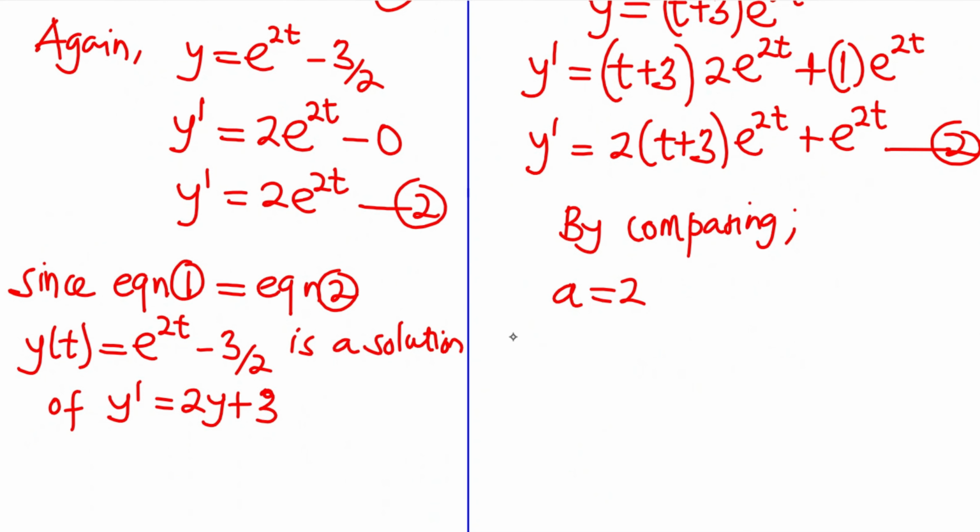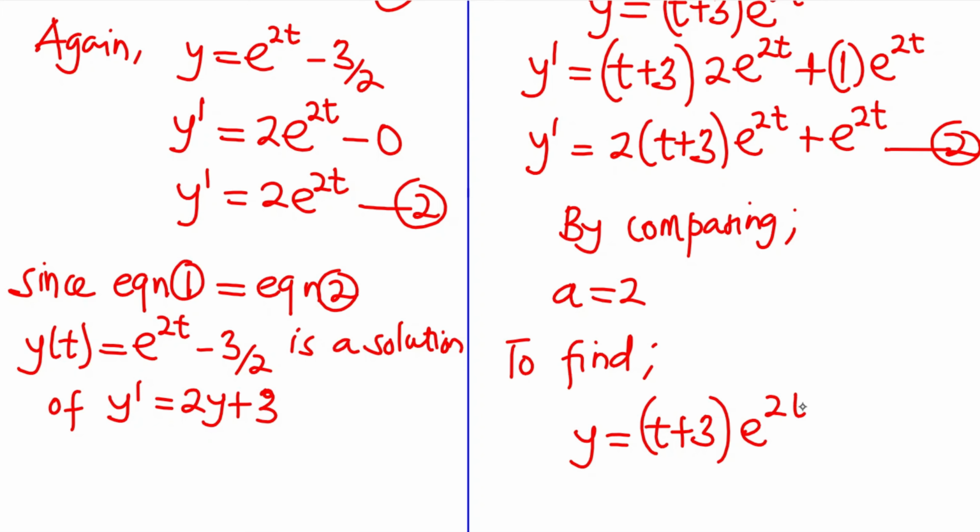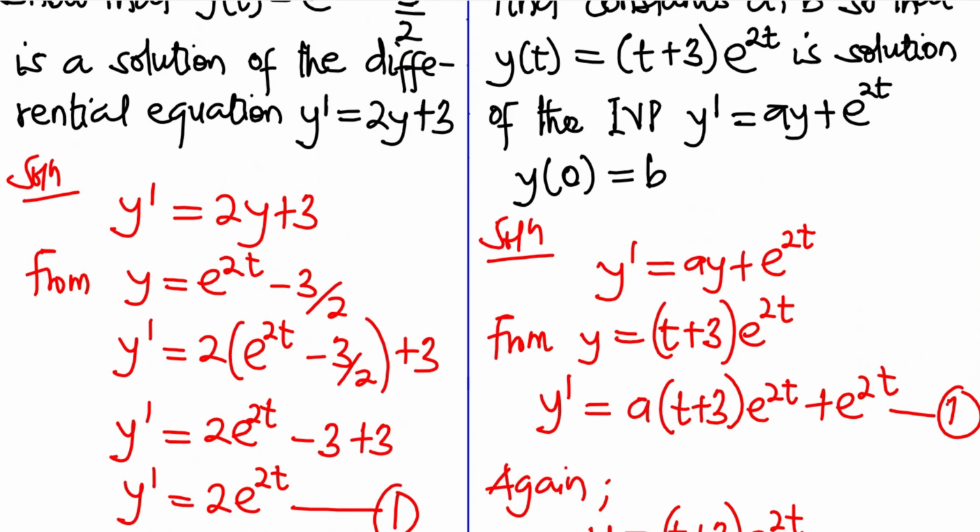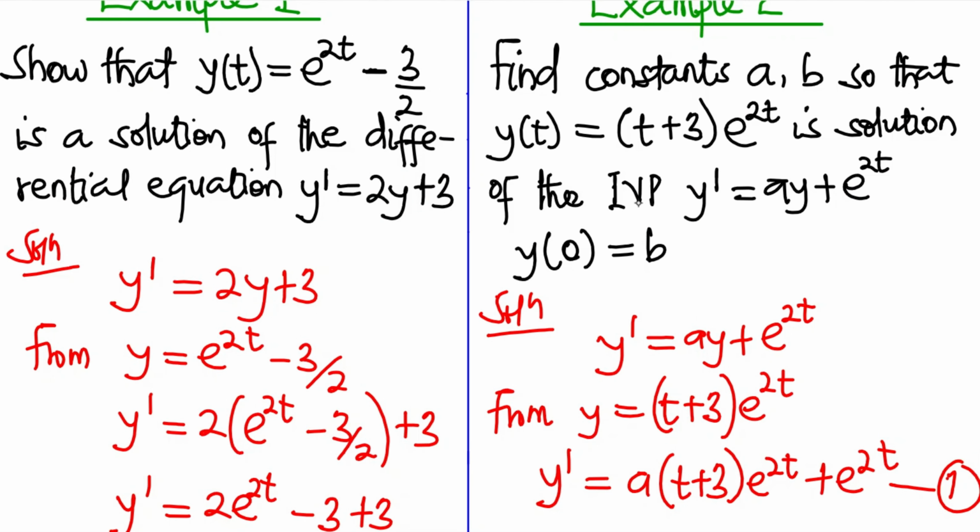To find b, we again consider the solution of the differential equation, that is y is equal to (t + 3) multiplied by e^(2t). Remember from the question it said that the initial value problem of the solution is y(0) = b, so we make reference to that.